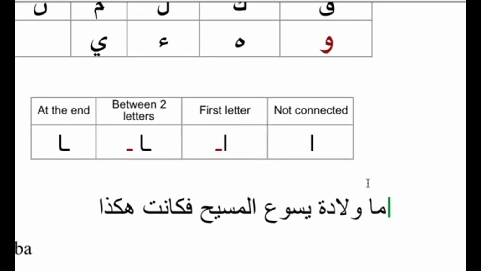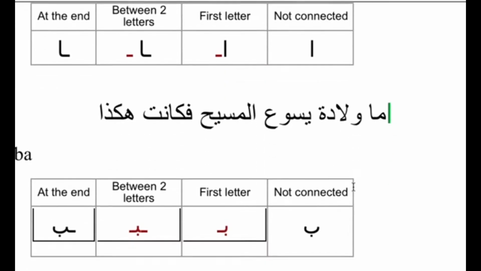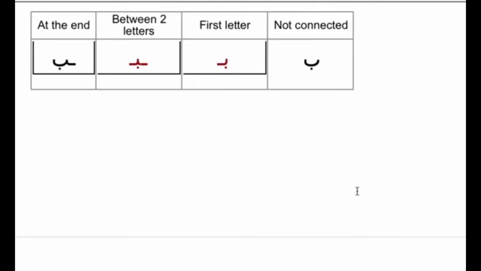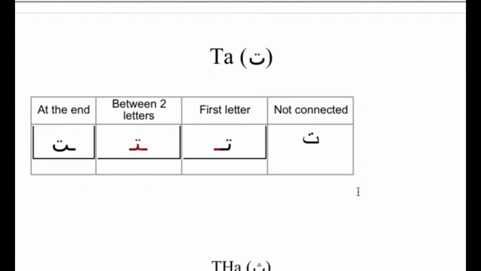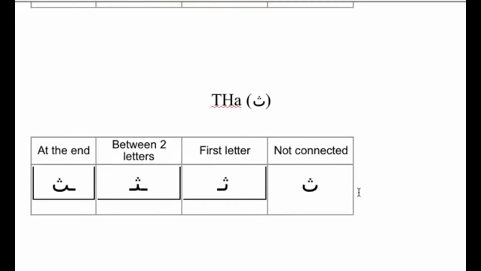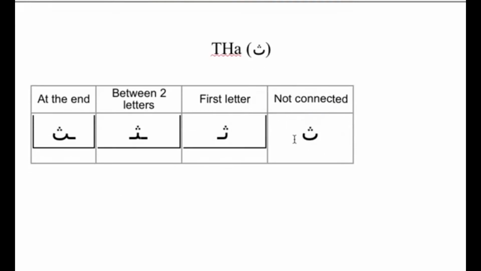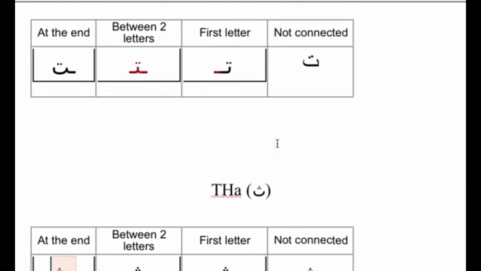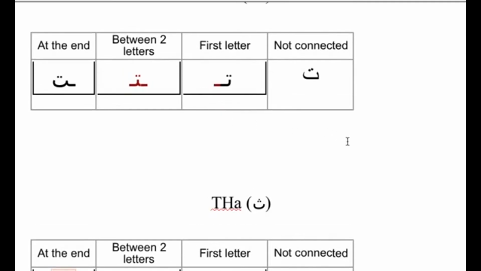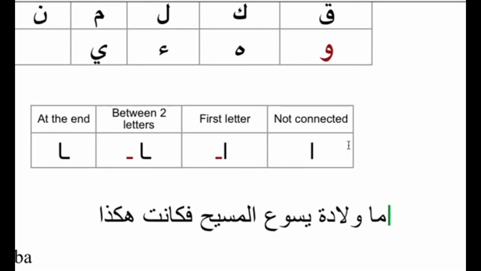Let us see how this letter is written and how we can make it easy to memorize and remember, and how to write it down. As usual, you see the letter by itself, then the letter connected in the beginning, in the middle, and at the end. You will see that all those letters are very similar to each other, Ba, Ta, Tha, except the letters we mentioned before.